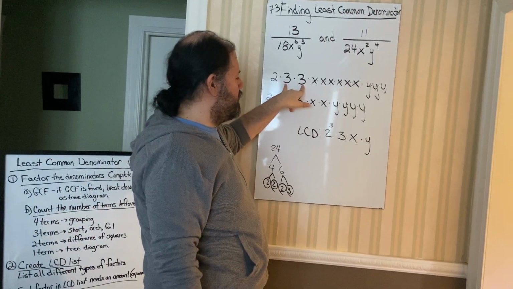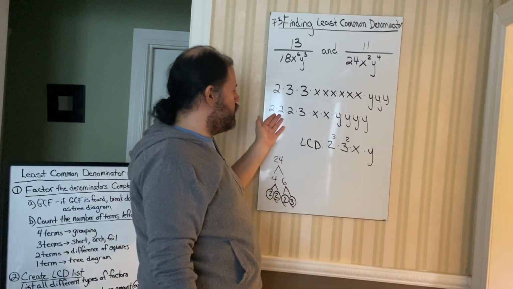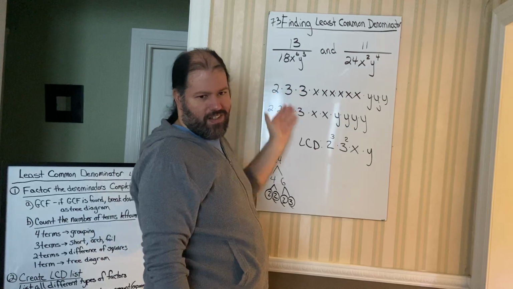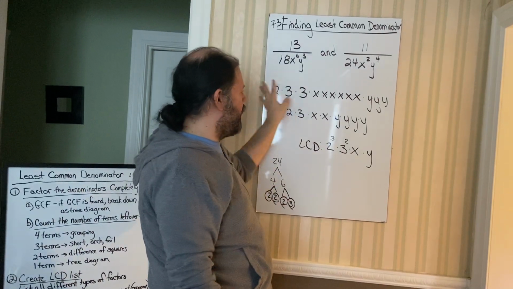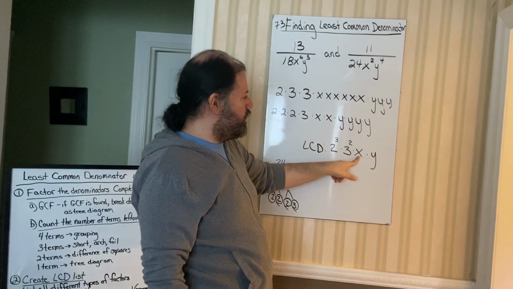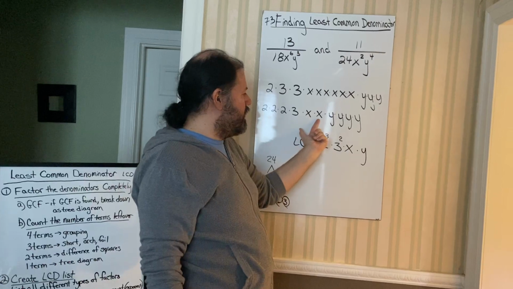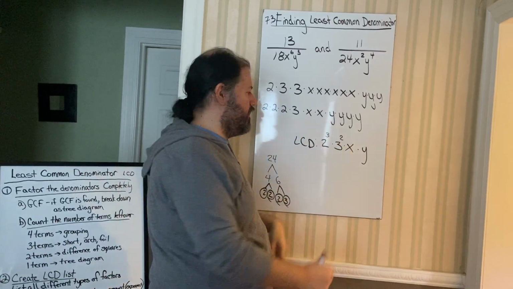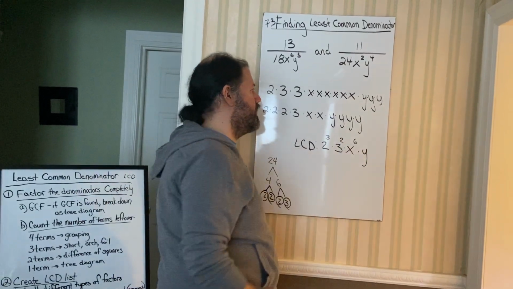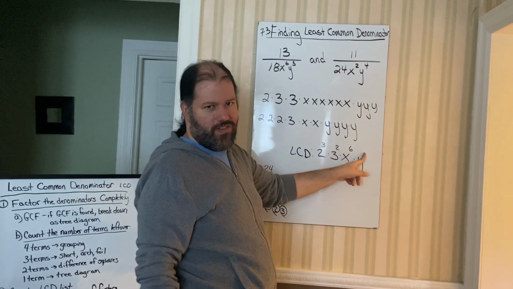So 2 is the larger amount. Notice I went with the larger 2's here, but I went with the larger 3's up here. You can't go back and forth. It's not like grab everything from the top. It's just wherever you see the most. So for x's, there's 6 here, 2 here, largest amount, 6. For the y's, 3 versus 4, I need 4.